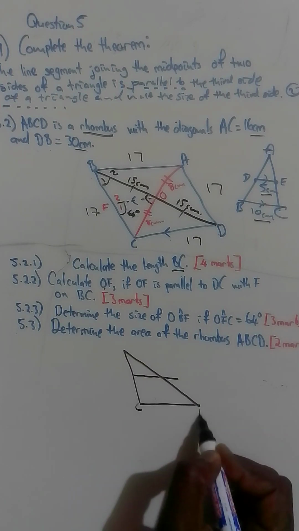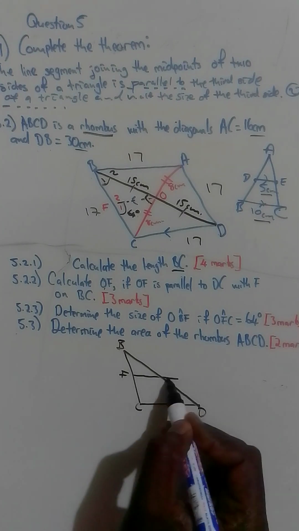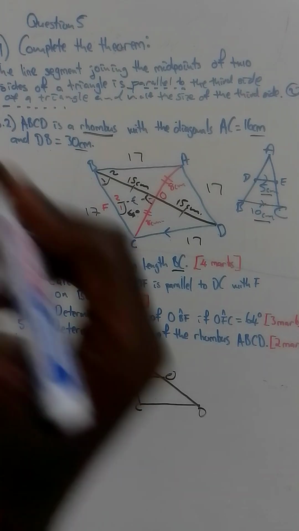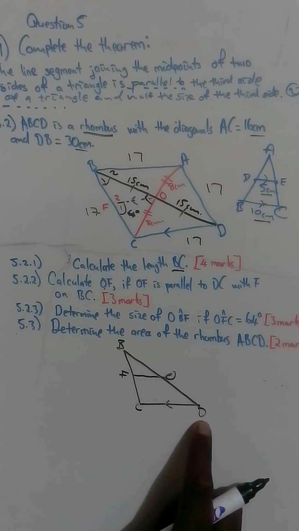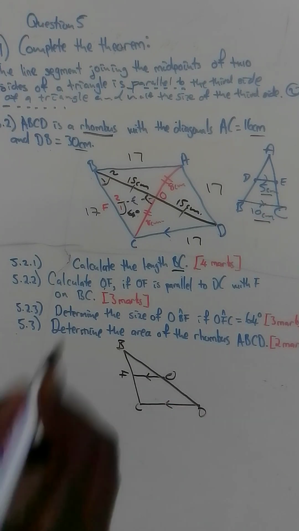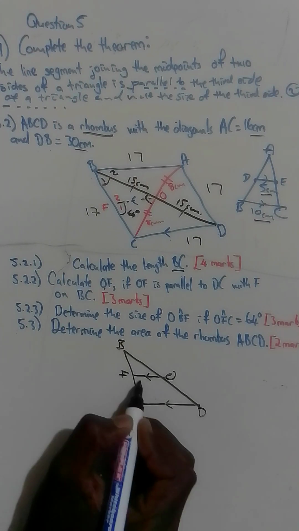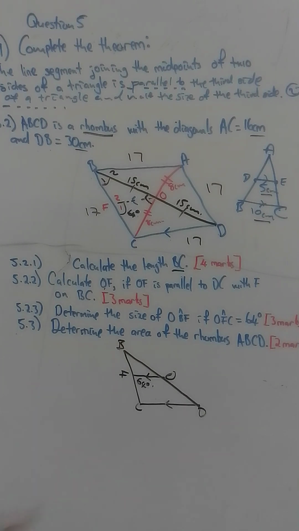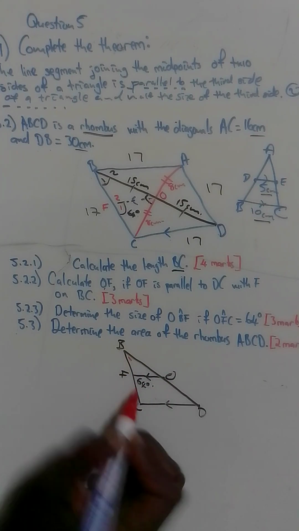So this is point C, this is point D, that is point B. And here it's F, and then there I've got O. Now, it was marked on the question paper that line CD is parallel to line OF, right? And what have I been just told? I've been told that angle OFC is equal to 64 degrees. And they are asking me to find angle B1 when they said angle OBF.